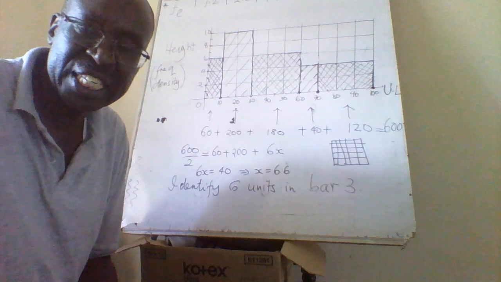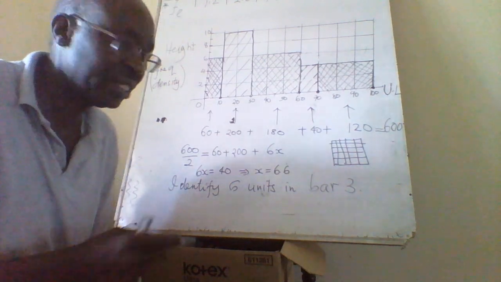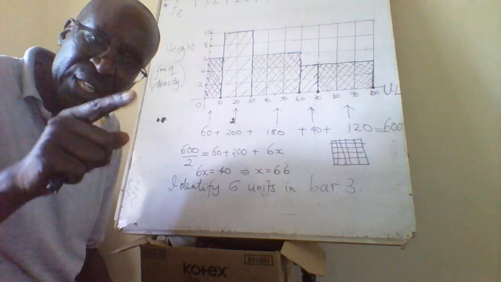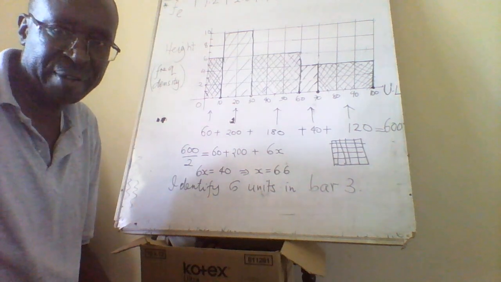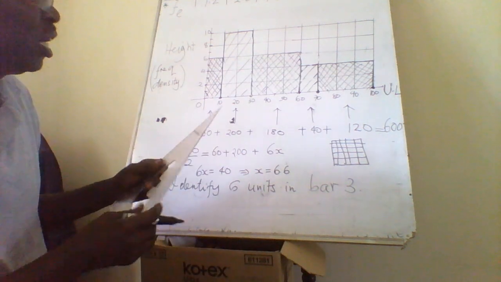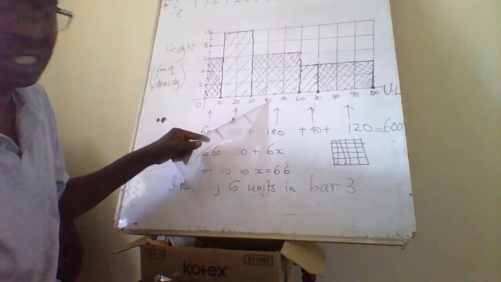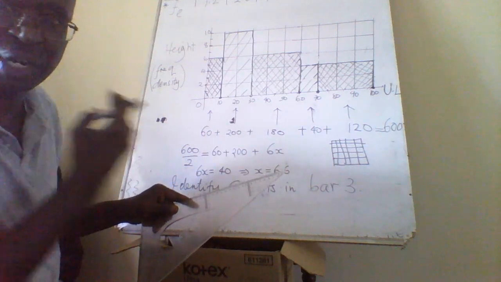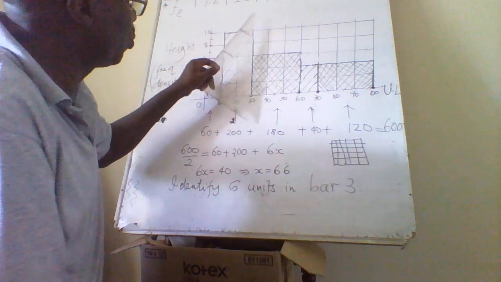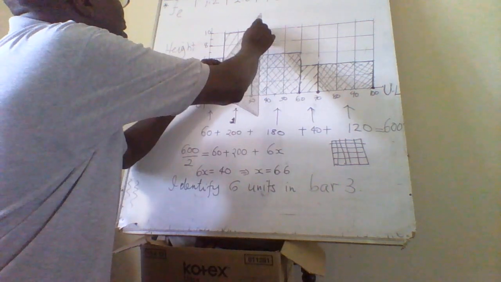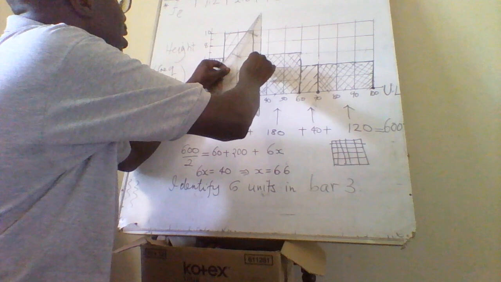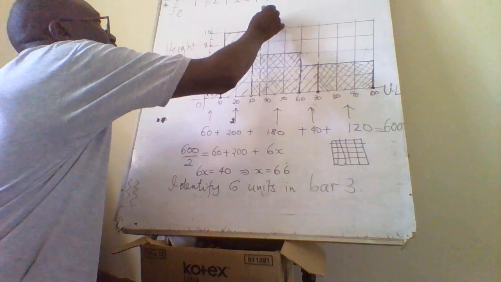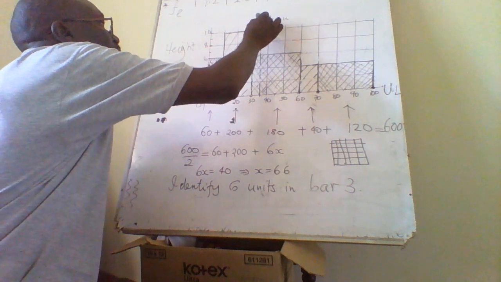So you go back to a 1 by 1 square and interpret the small boxes inside there. So you can do that precisely. You will find if this is 30 and this is 40, the difference is 10. So 6 units must be above 5 there. So we could be drawing something like this. Now you draw broken, broken, broken, broken. Now this is the median. That is the median now.